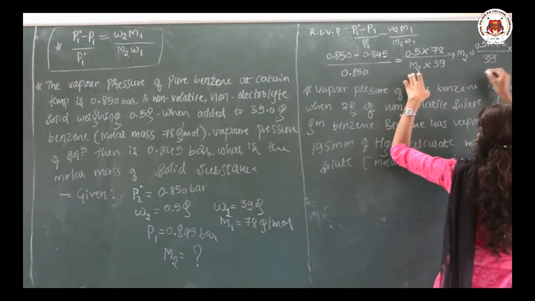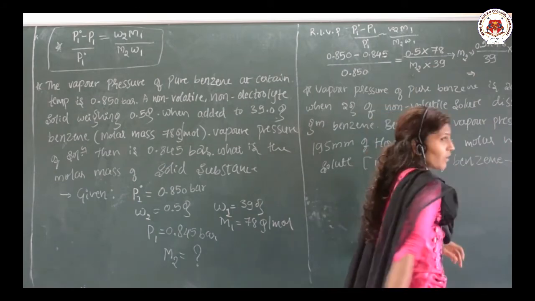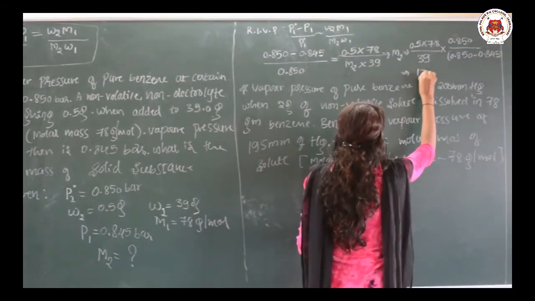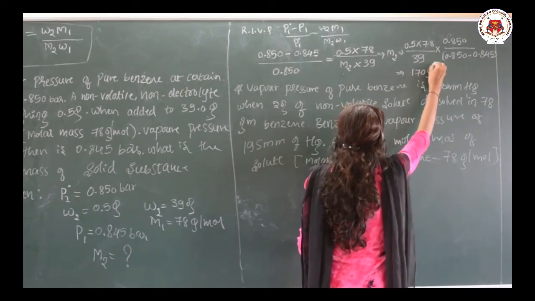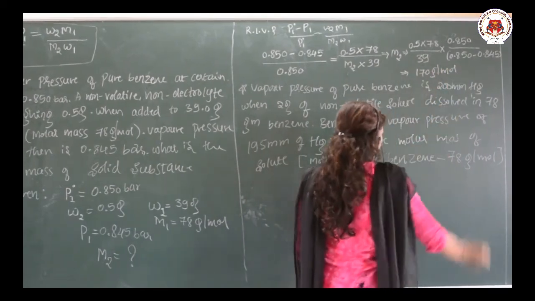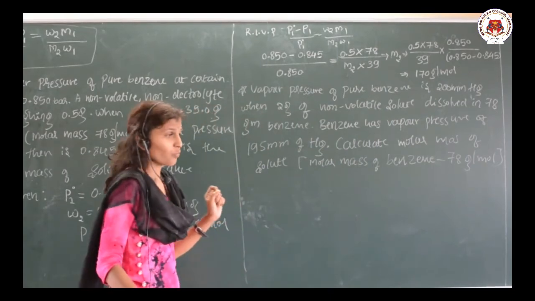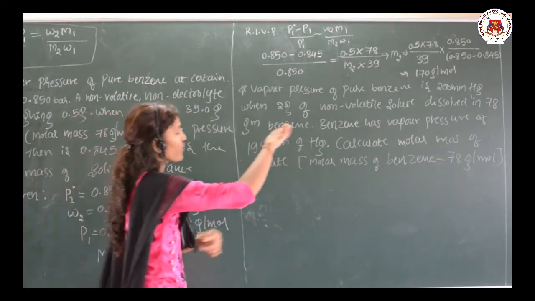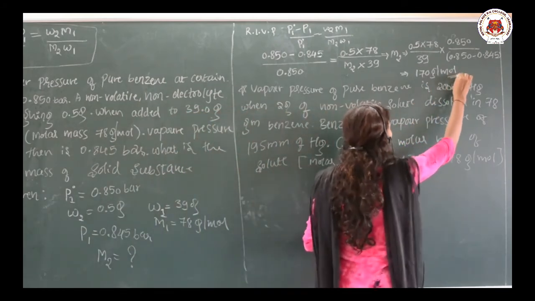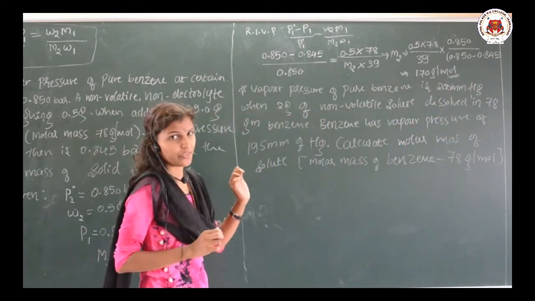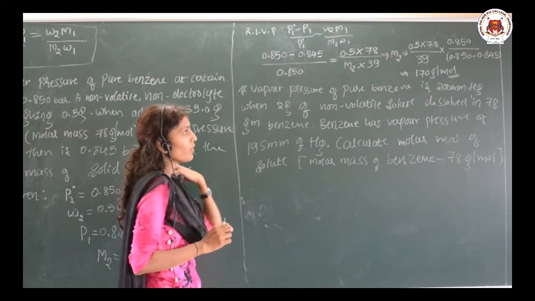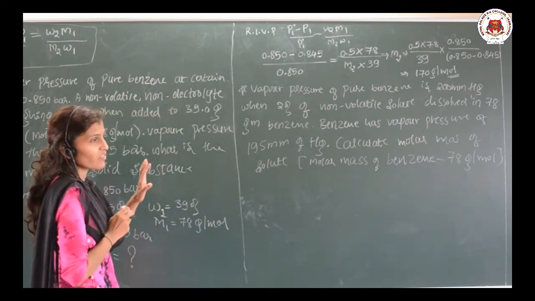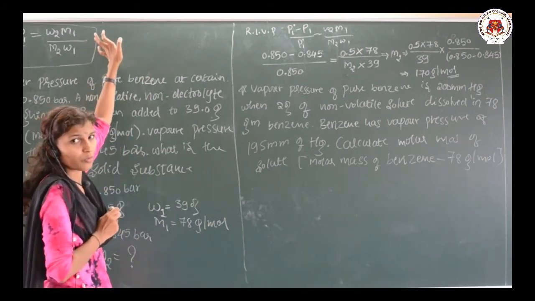So, if you simplify this one, you are going to get the value as 170 gram per mole. So, this is the molar mass of the solid substance which they have added, that is M2, and you have to mention the unit, the molar mass is gram per mole. So, this is how we can solve the problem on the basis of the relative lowering of the vapor pressure.